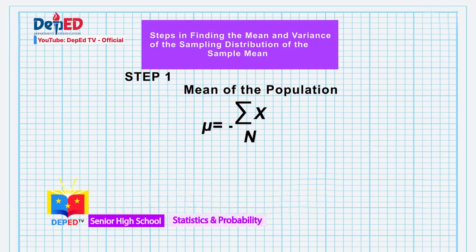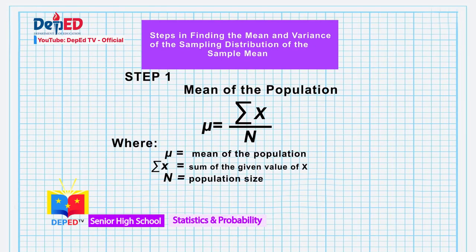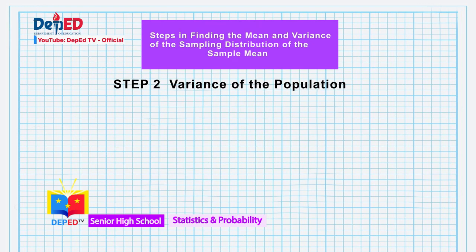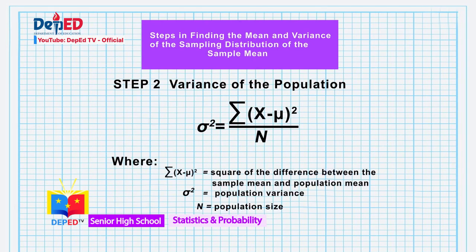The steps are: first, to compute the mean of the population, which is the summation of x divided by the total number in the population. You may also use the formula, where N is the population size, sum of x is the sum of the given values of x, and mu is the mean of the population. Second is to compute the variance of the population using the formula, where (x minus mu) squared is the square of the difference between the sample mean and the population mean, sigma squared is the population variance, and N is the population size.